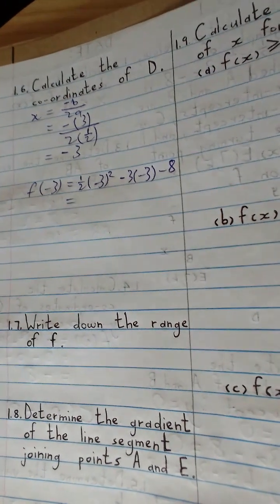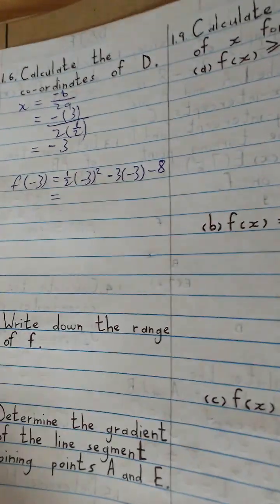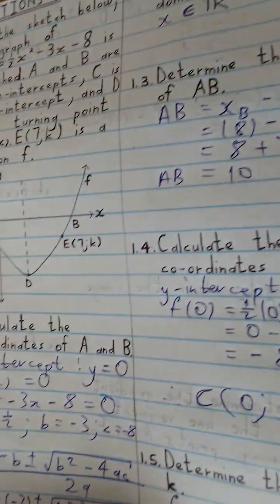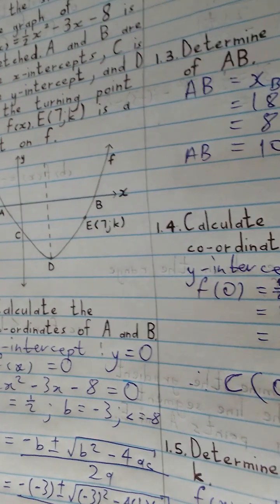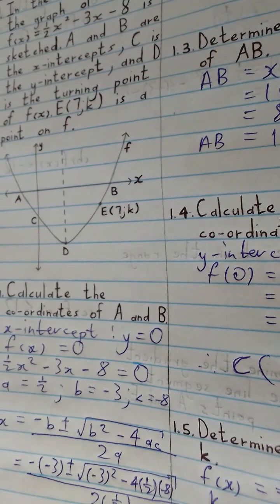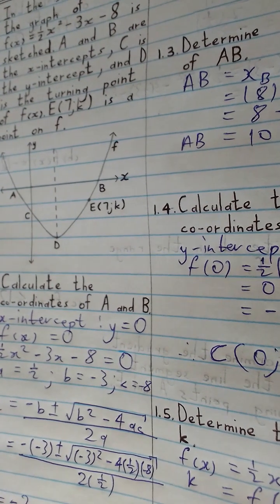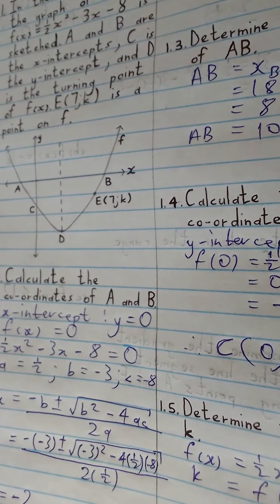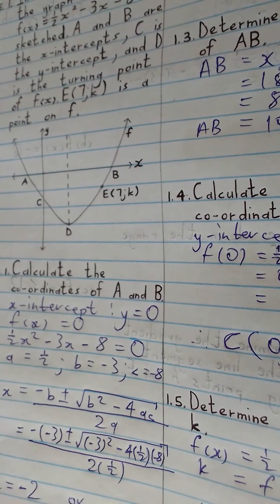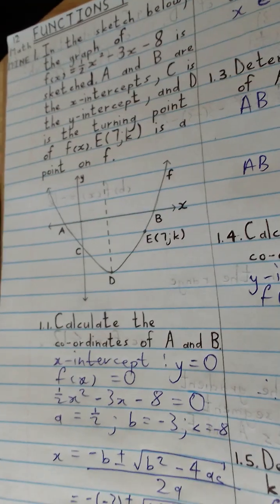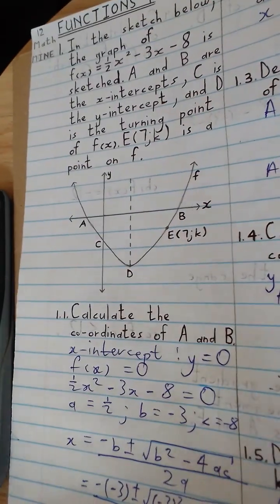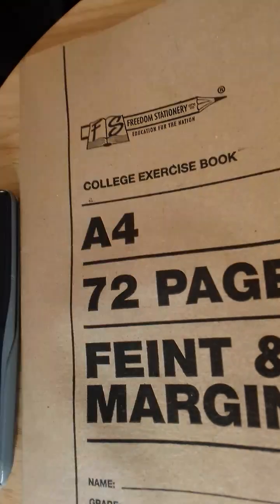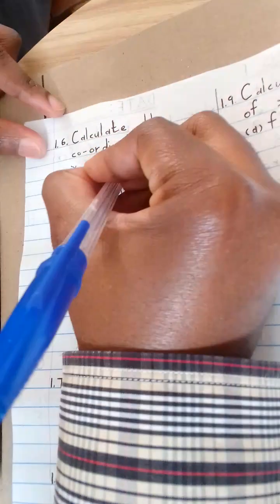Where do we get 11 over 2? Wait, my mistake. B is negative 3, so here it's supposed to be negative.